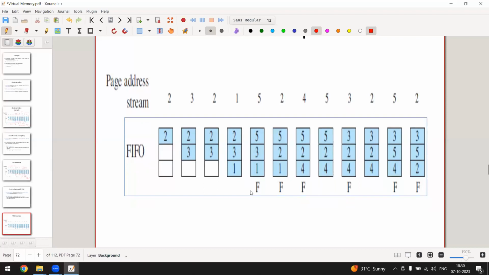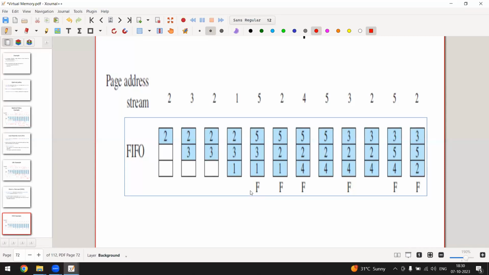Try to trace this example yourself. Let me trace it for one or two time stamps. The initial references are fine: 2, 3, 2, 1. After that, the next reference causing a page fault is 5.